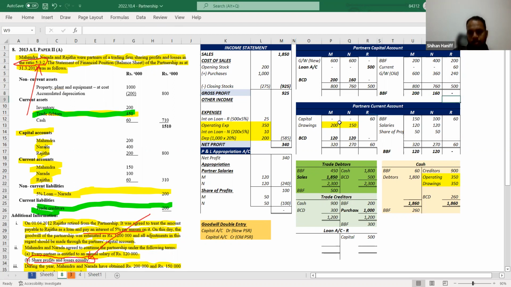Narada's loan interest, yeah, you can take it under current account. That's fine. Narada's 5% loan interest is 10.